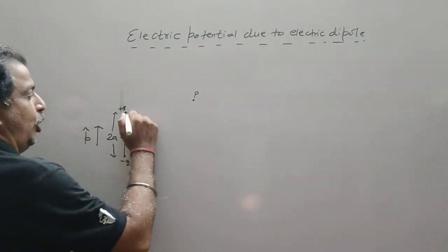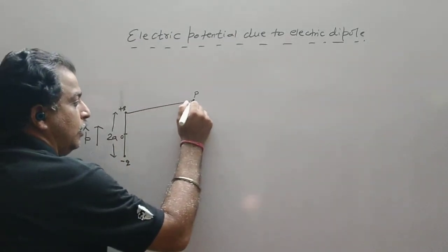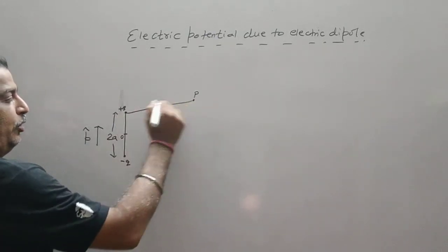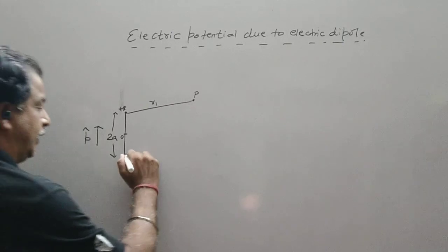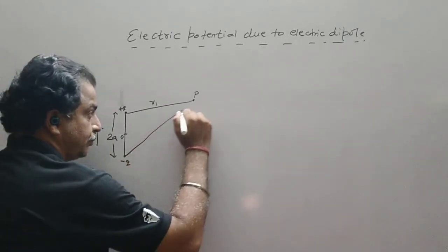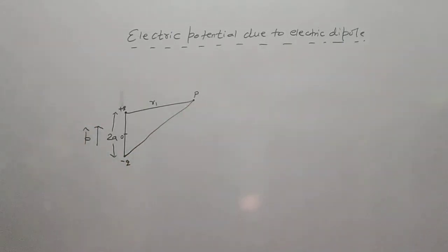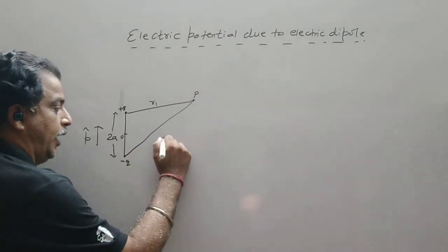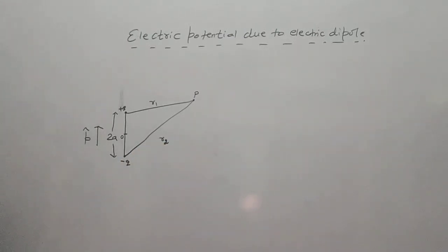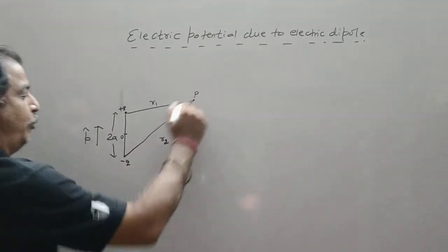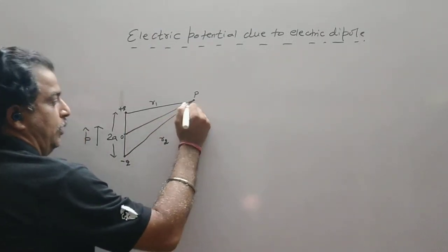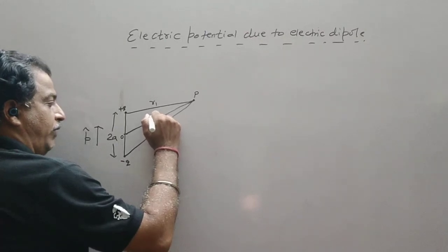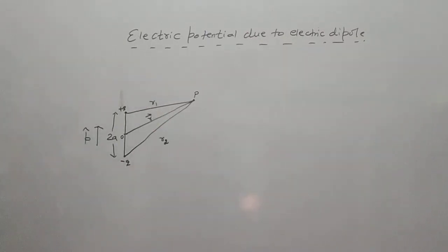So I join the distance of plus charge, let us name it R1. Then the distance of point P from minus Q charge is R2. And the distance of point P from the center of the dipole is position vector R vector.